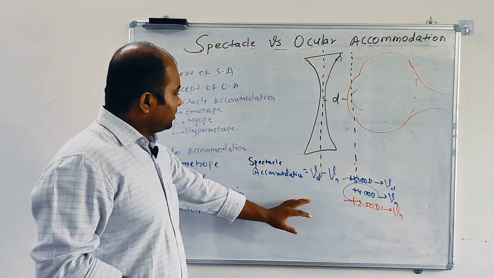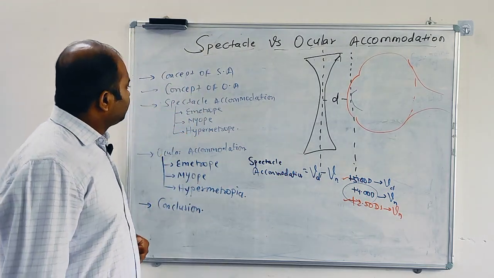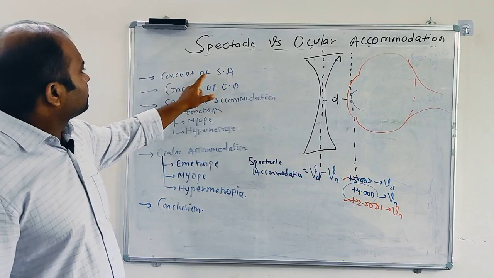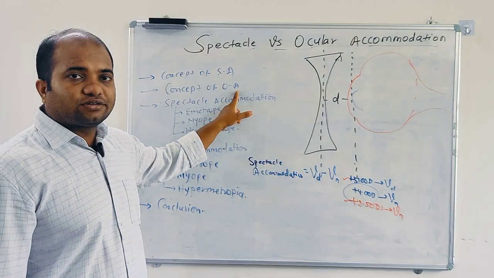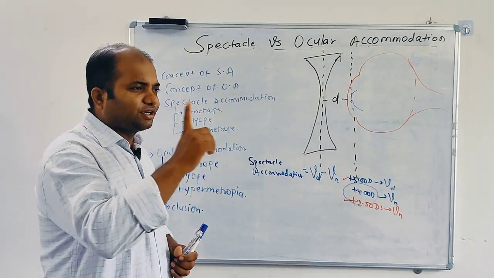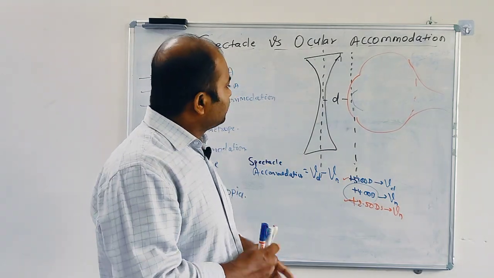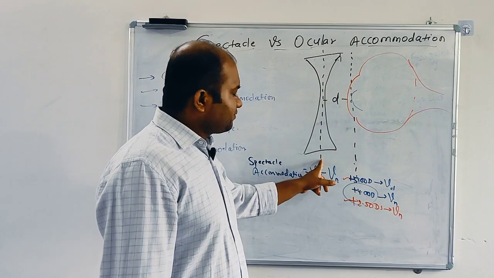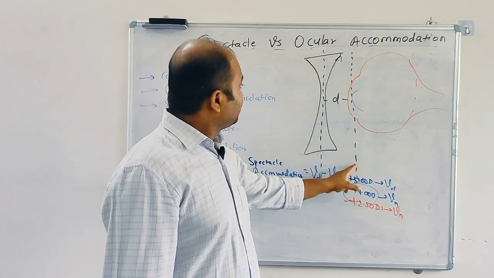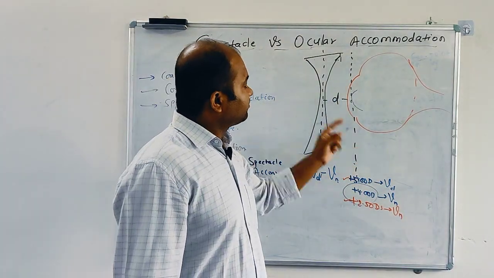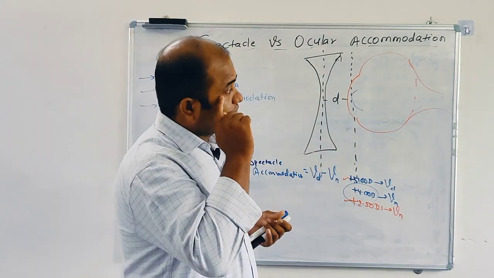Anyway, we are going to see in detail about spectacle accommodation and ocular accommodation step by step. So we have built a concept of spectacle accommodation and a concept of ocular accommodation, right? We are doing NPA, right? So to find the amplitude of accommodation, just imagine if you are taking the measurement from the spectacle plane, it is called spectacle accommodation, and if you are taking it from the corneal or lateral bone side, then it is different, because the lateral bone is just a little beyond this.